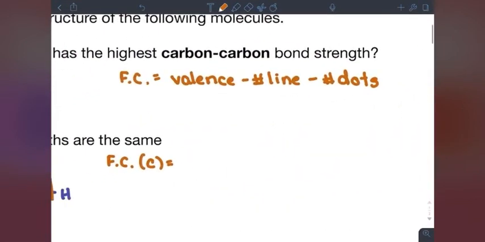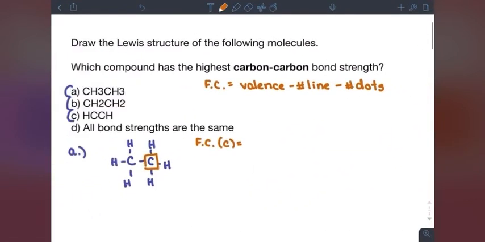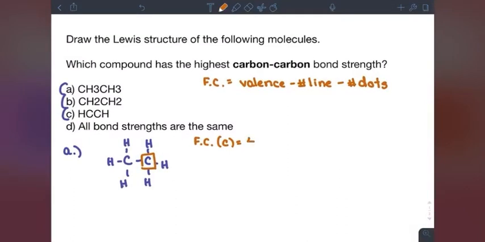So valence electrons 4 minus the number of lines it's connected to, so 1, 2, 3, 4, minus the number of dots, which is the lone pairs, so it doesn't have any, making it 0. So do the math. The formal charge for this carbon is 0.